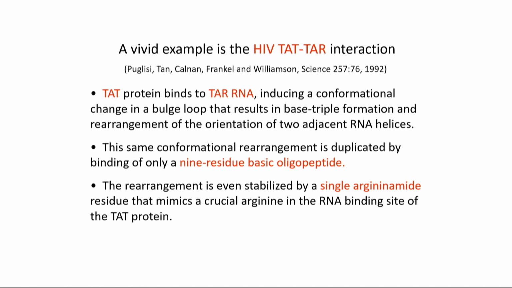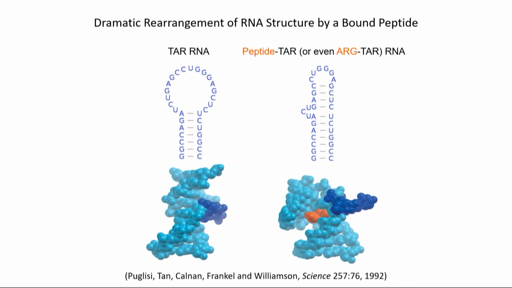But Puglisi et al. also showed that a 9-amino acid peptide could induce the same conformational change. In fact, at high concentrations, a single amino acid, an arginine, could do that, as shown here. So on the left is the naked TAR RNA, and on the right is what happens when TAT binds to it, or even the 9-amino acid peptide, or even the single arginine shown in orange there.